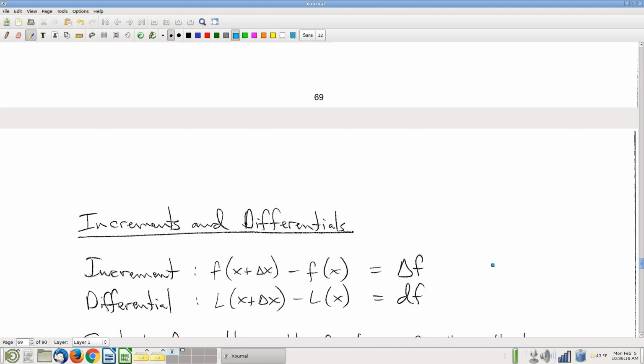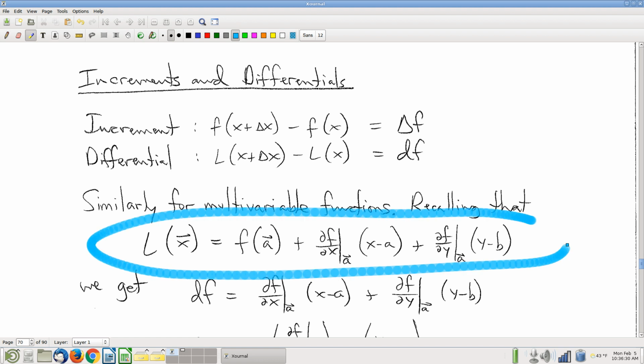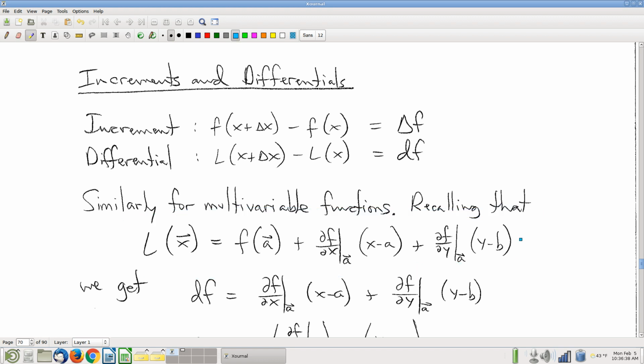All right, next topic, increments and differentials. This is kind of a weird section. There are a couple of observations that have to get made. You remember we talked about linear approximations last time. I just want to point out that there is some related language, and hopefully none of this is really news.